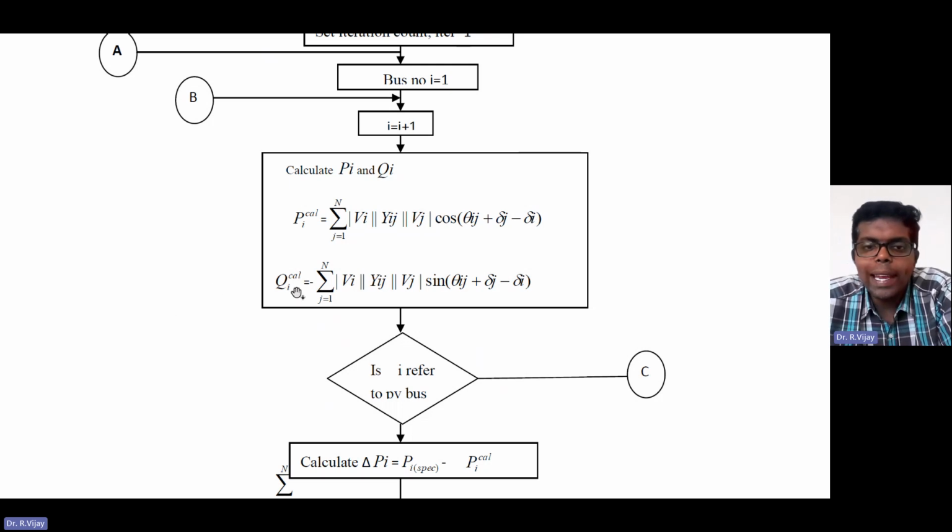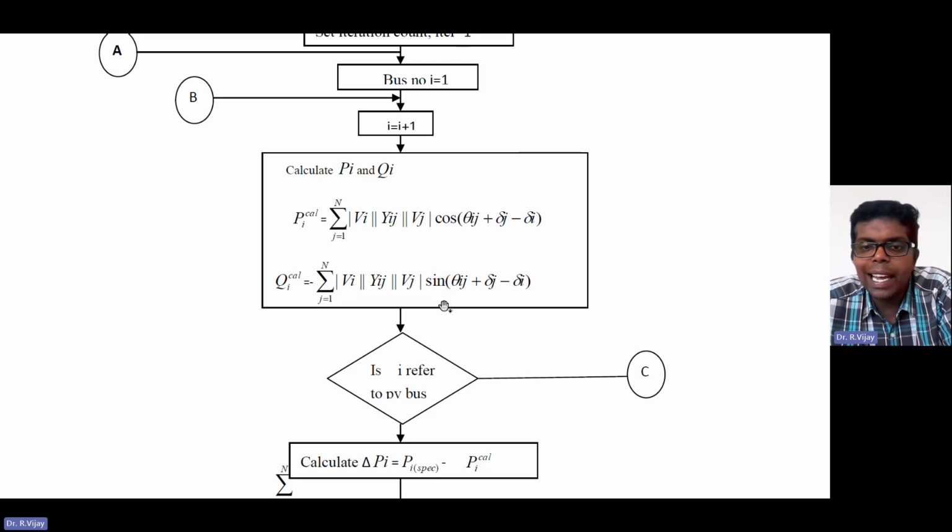Next, Qi calculated is equal to minus the summation j equal to 1 to N of Vi into Yij into Vj sine of theta ij plus delta j minus delta i.